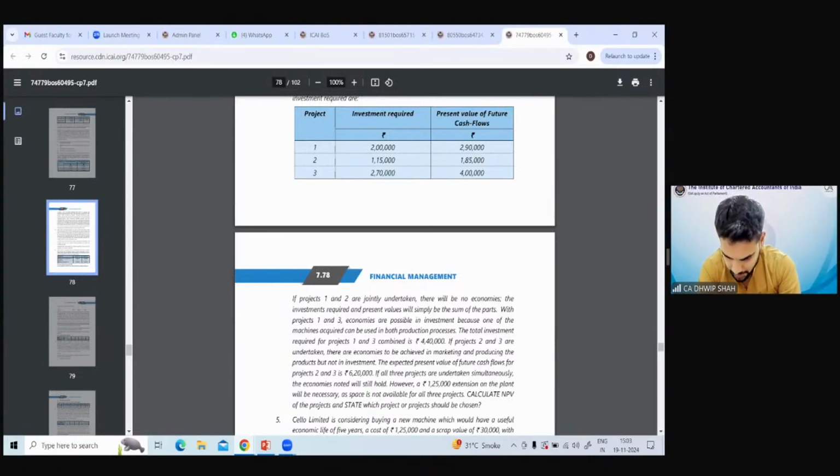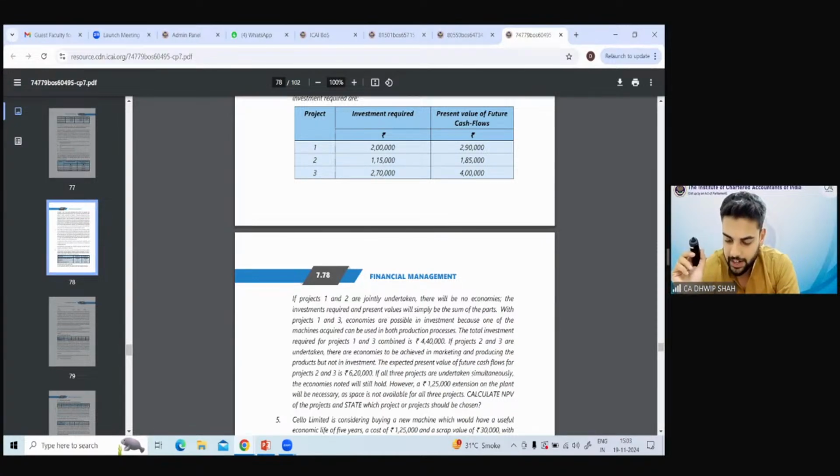Okay? The investment required and present value will simply be the sum. Means if projects 1 and 2 are taken, then my investment required would be 2 lakh plus 1 lakh 15. So 3 lakh 15 would be my investment amount, and my PVCI, present value of cash inflow, would just be the sum of these two, 290 and 185. Okay, understood?